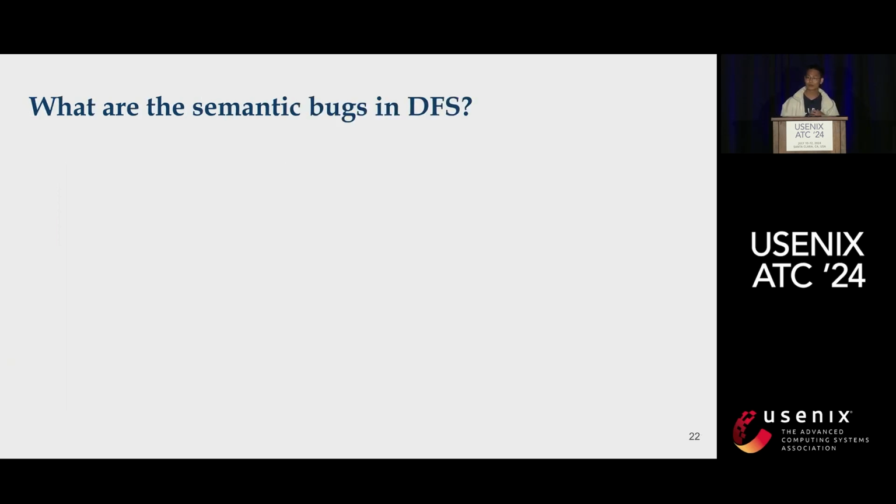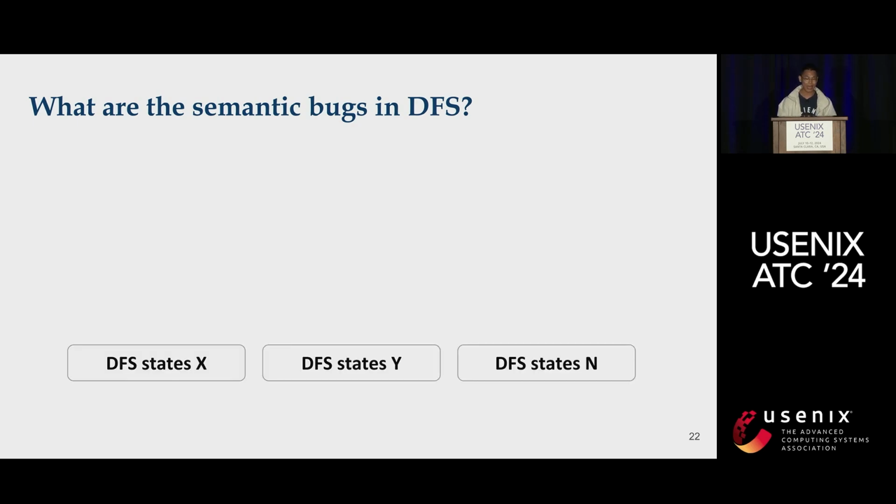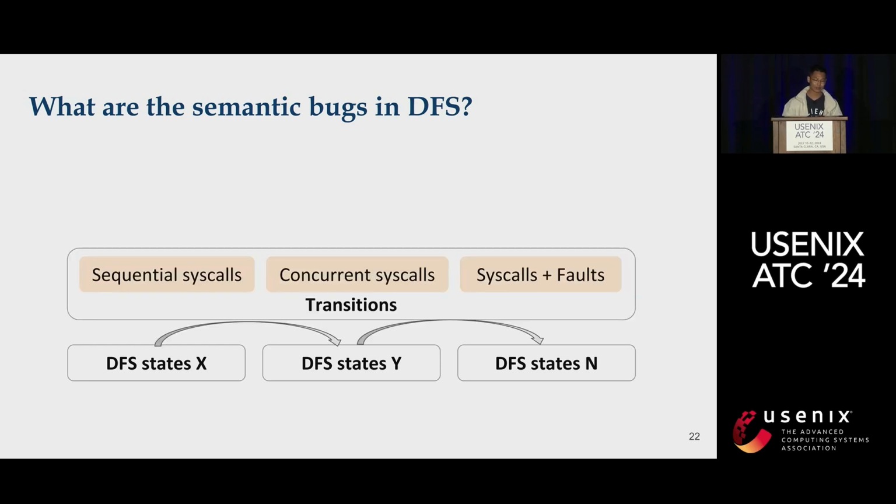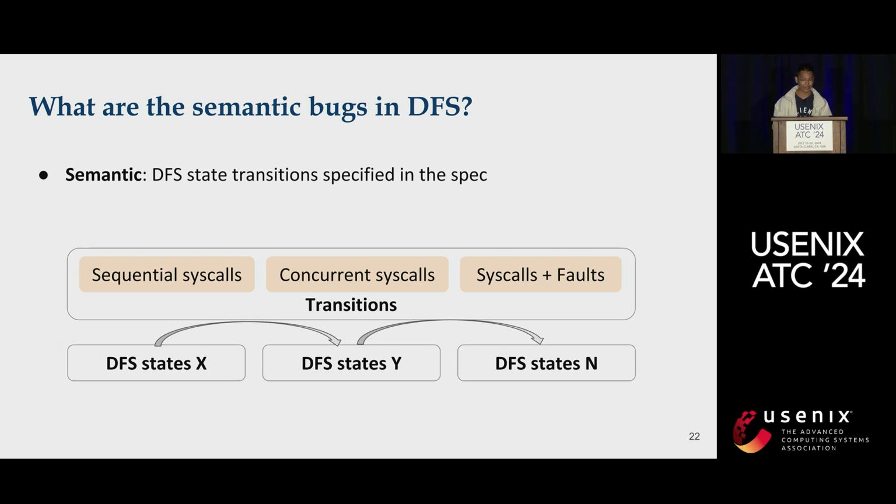Now you may wonder what semantic bugs in distributed file systems are. If we abstract the distributed file system as a state machine, then the states transit among each other with the execution of syscalls and the distributed faults, right? How the transitions should behave are the distributed file system semantics, which are specified in a specification like the POSIX specification.